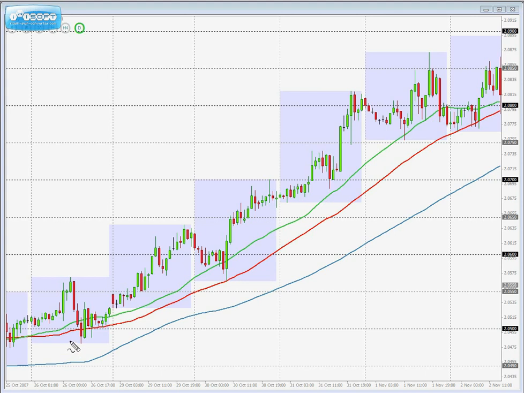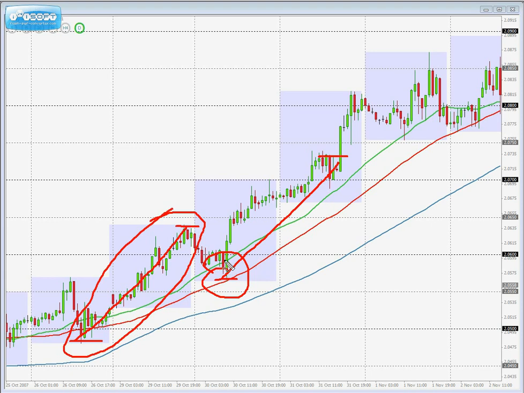To do that, we measure the previous swing total length and then we add it to the tip of the retracement. This being the retracement, and this being the previous swing, we would obviously be looking to exploit this new swing up.